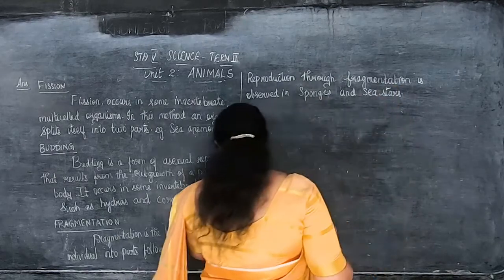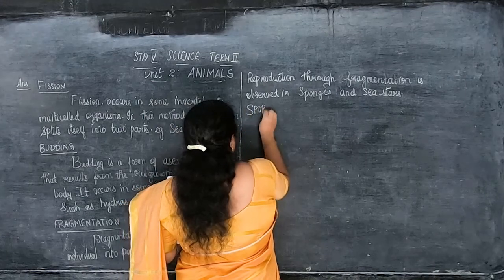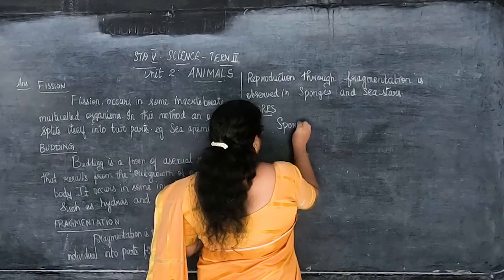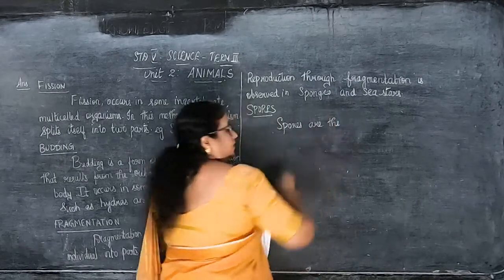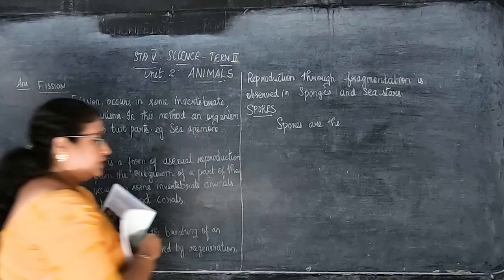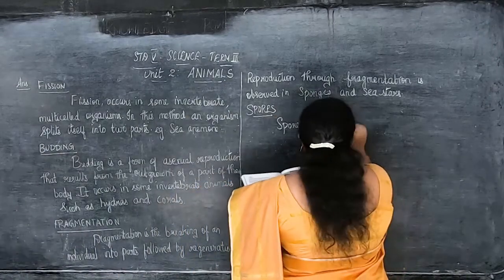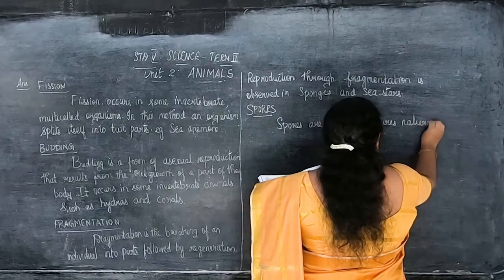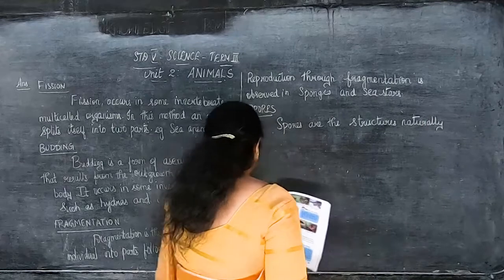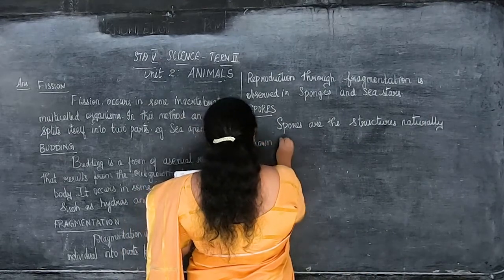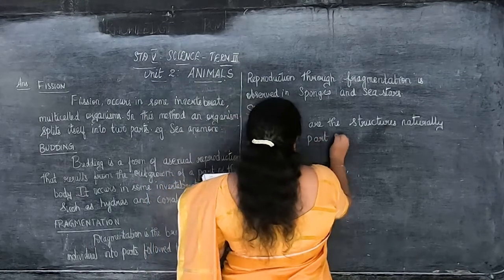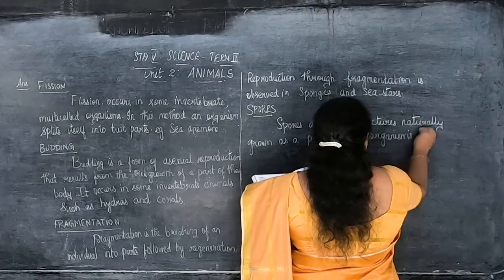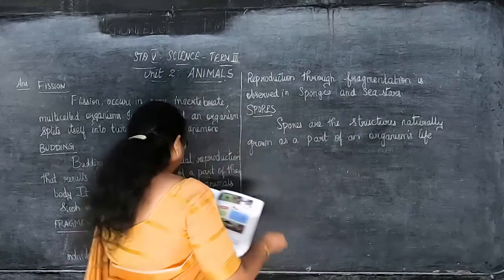Okay, and next side heading is spores. Spores are the structures naturally grown as a part of an organism's life cycle.